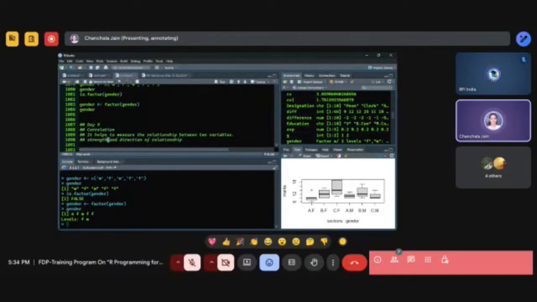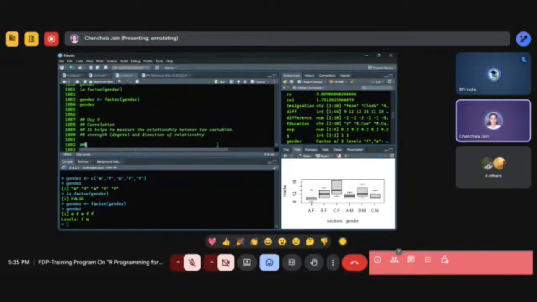Strength means the degree of relationship, that is, up to what extent two variables are related, and direction means in which direction the variables are related. This is what we can do using correlation.